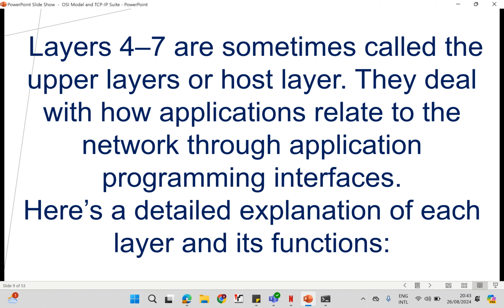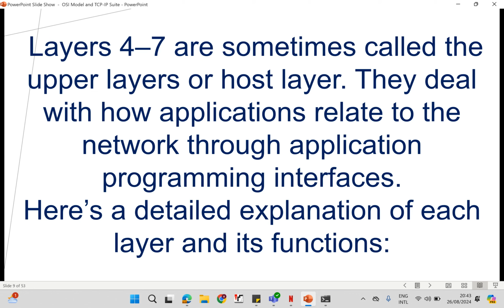Layers 4 to 7 are sometimes called the upper layers. These are the ones we interact with most of the time when we are browsing. But as a network engineer, as a technical support engineer, you are going to be interacting mostly with layers 1, 2, 3, especially as a network engineer.